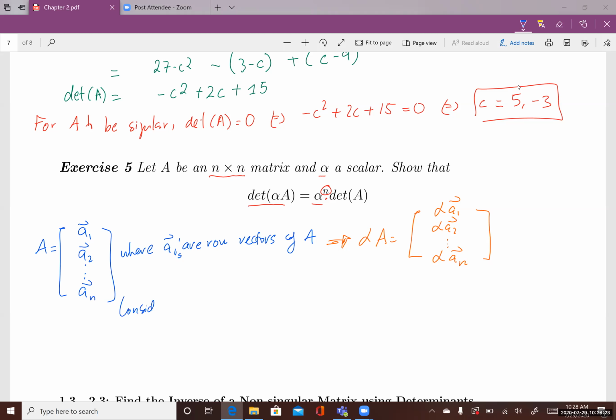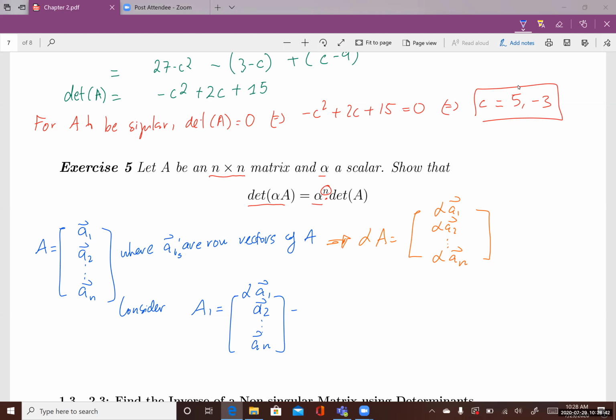Consider just the matrix A when the first row is multiplied by alpha, and you keep the second row and the rest of the rows of A.